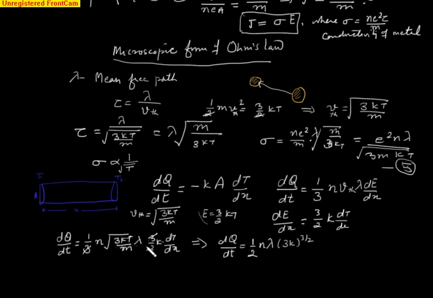Similarly, you can put this 3 here, so 3 by 2 times square root of T into the temperature gradient. So ultimately we found that the rate of heat transfer is directly proportional to the square root of temperature.